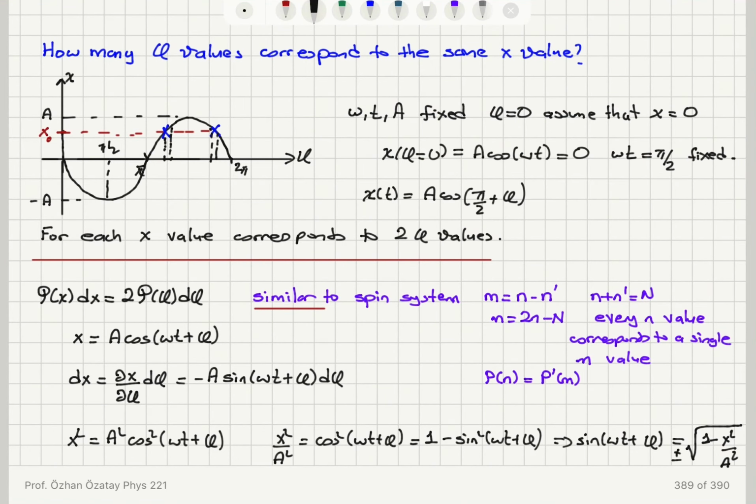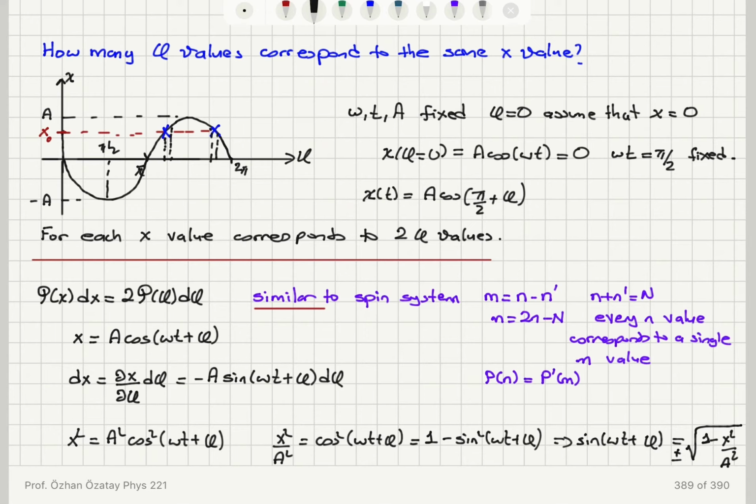Now, how many phi values correspond to the same x value? Basically, I would like to know the relationship between the probability distribution of phi and the probability distribution of x. So I have fixed omega t and a. I have assumed that when phi is equal to 0, x is equal to 0. That means I have a cosine omega t that is 0 at this time, so omega t should be equal to pi over 2, because cosine pi over 2 is 0.